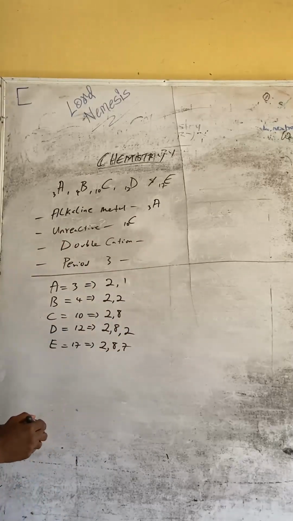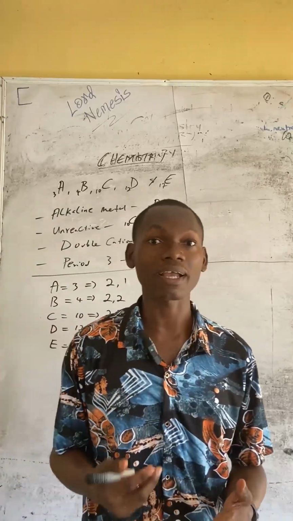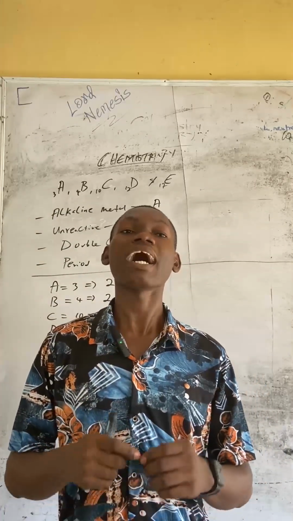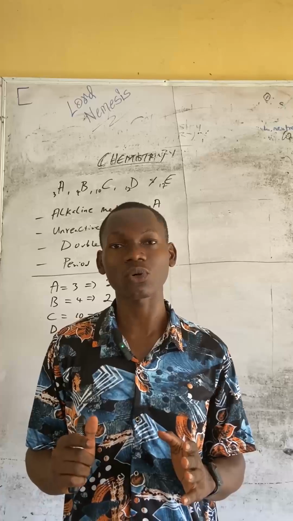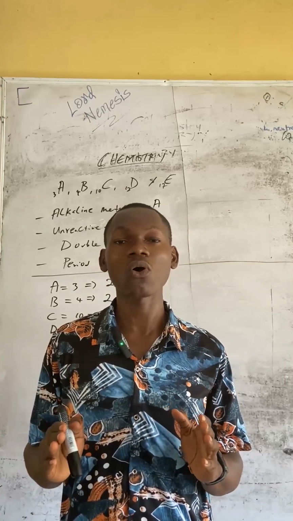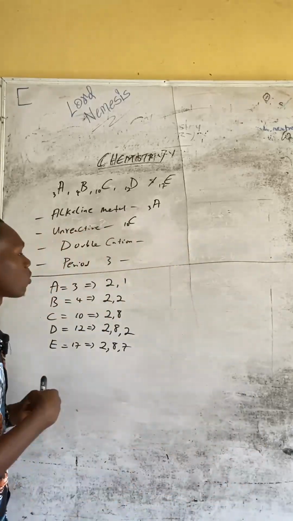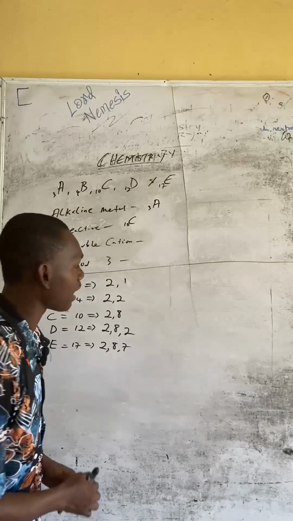Now the next one, which of them will form a double cation? How do elements form a cation? They form a cation by losing their outermost electrons in order to be stable, right? In order to have 8 electrons, or 2 electrons in the first shell. So which of them will lose 2 electrons, or which of them has 2 electrons in their outermost shell?